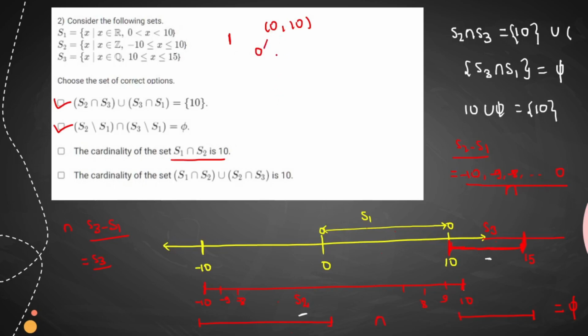So it will start from 1, 2, 3, 4, 5, 6, 7, 8 and up to 9. There are only 9 terms here, so this option is incorrect.